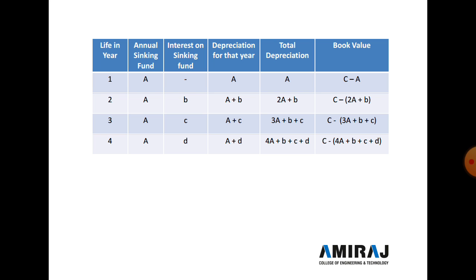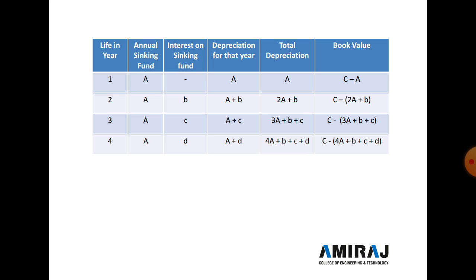Like in the first year it is A, in the second year A plus small b, in the third year A plus small c, and in the fourth year A plus small d. And total depreciation is a summation of first year depreciation plus second year depreciation, third year depreciation, etc.